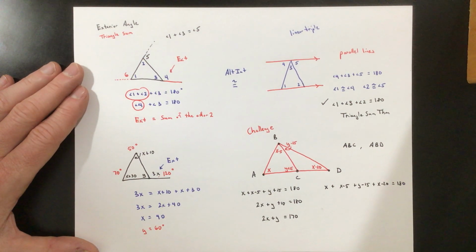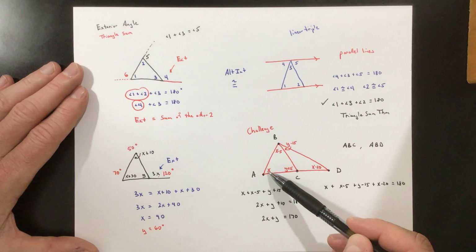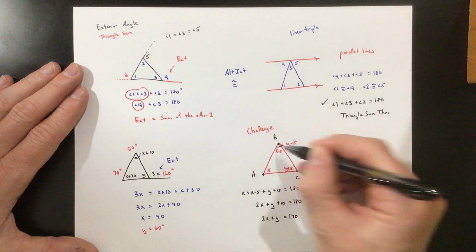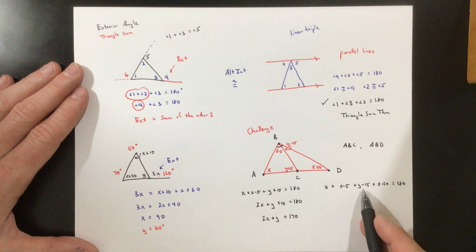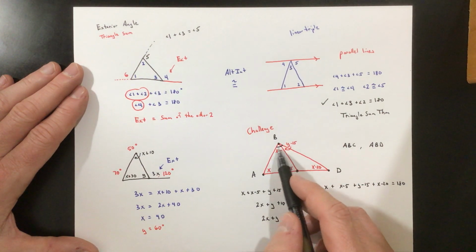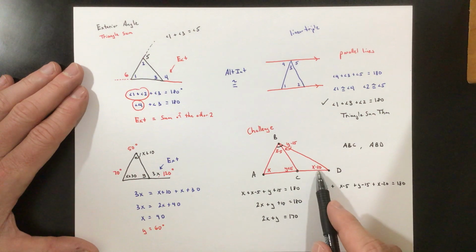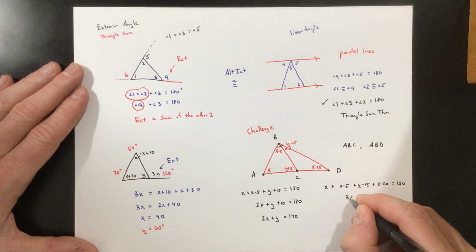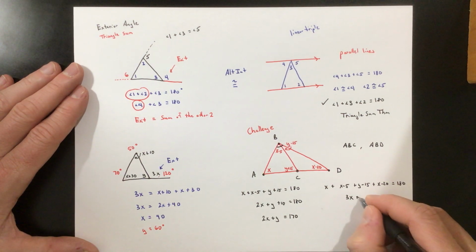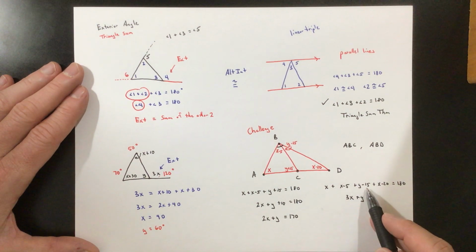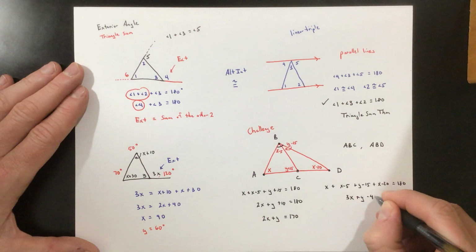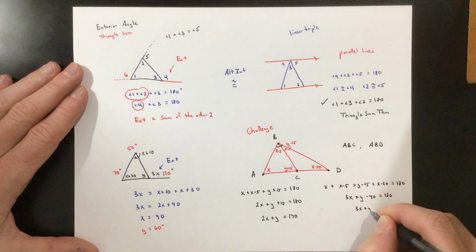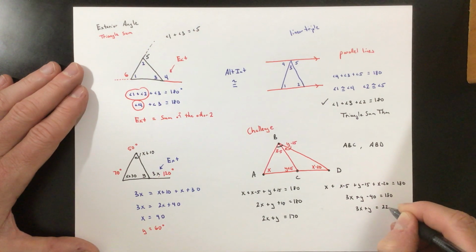And again, you kind of have four angles up there, but you have this angle x. These two angles form that big angle up there. So I added x minus 5 and y minus 15, angle addition postulate says I can add those together. And then this bottom angle is this. So that's 1, 2, 3 x's, 1 y, and I get minus 5, minus 15, minus 20 is a minus 40. So I get 3x plus y equals 220.